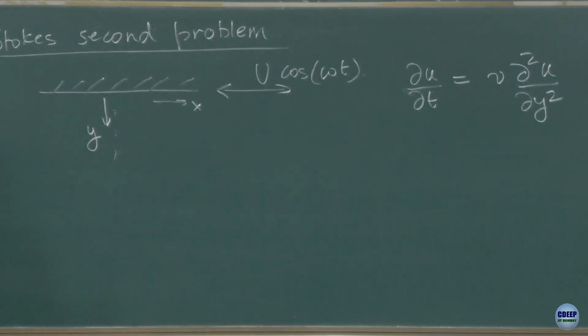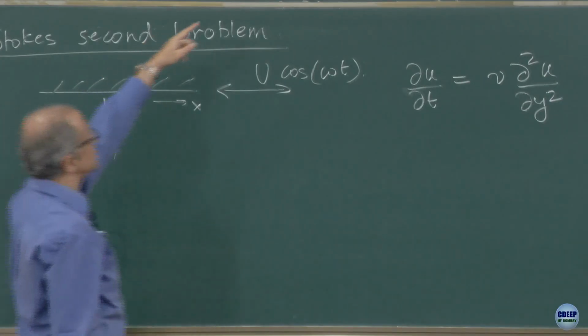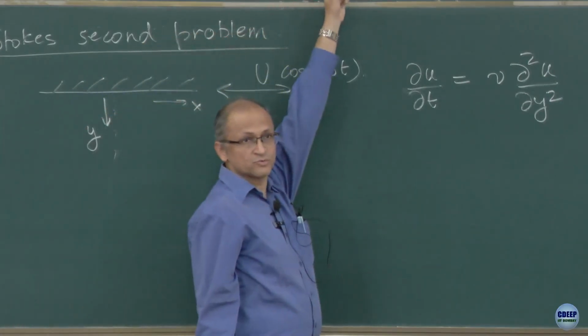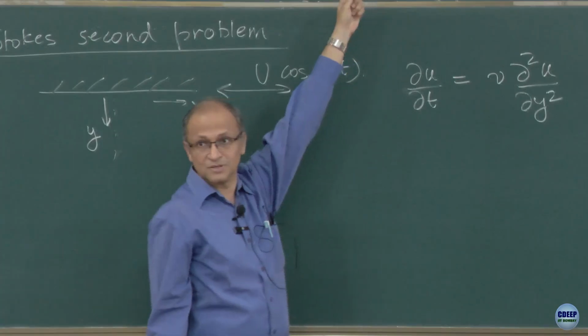We impose some sort of a similarity, right? So what was the condition for similarity? So this eta is my similarity variable, y upon square root of nu t, that's my similarity variable, right?